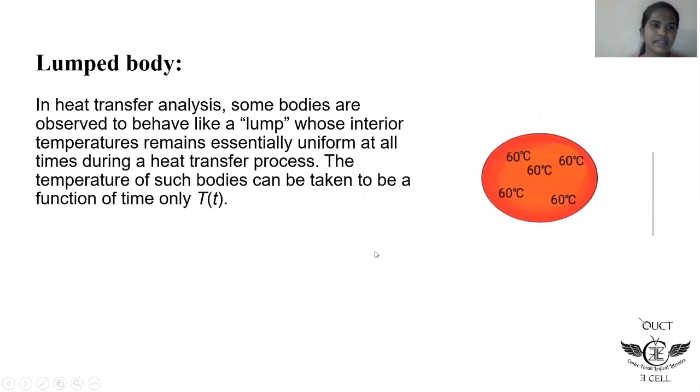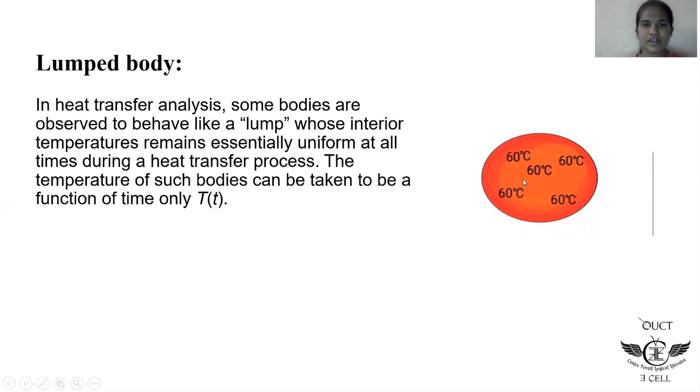Before explaining this, what is a lump body? A lump body is when you take any metal ball and dip it in a hot solution and check the temperature at the midpoint of the body. It may be around 60, at the surface it is 80, and at other points it may be 50, 40. So the temperature is different at different points.